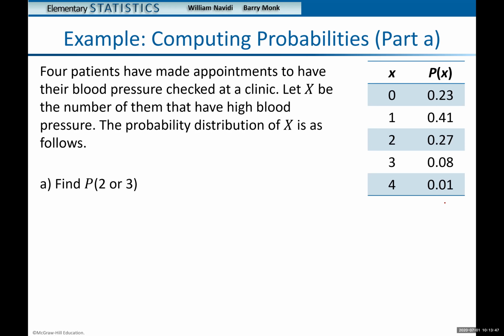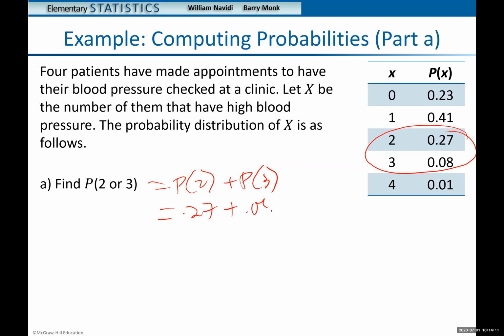So how do we find the probability of 2 or 3? So remember, addition rule, 2 or 3. So meaning you just have to add the probabilities. The probability of 2 is 0.27. Probability of 3 is 0.08.